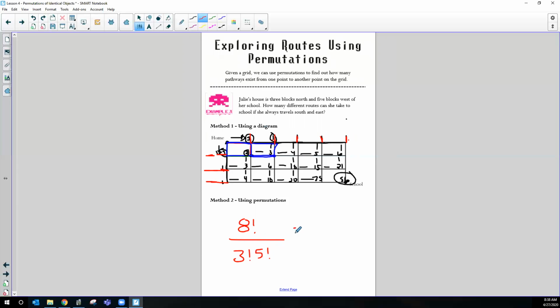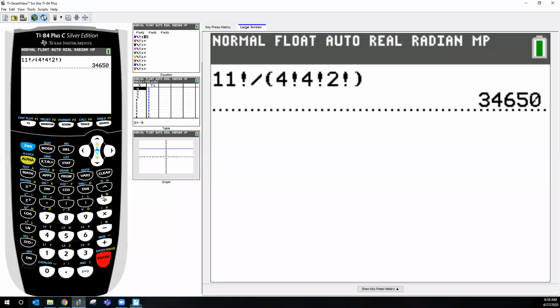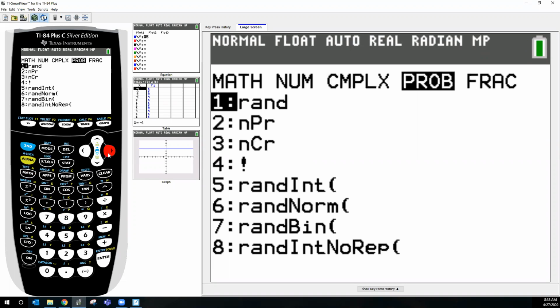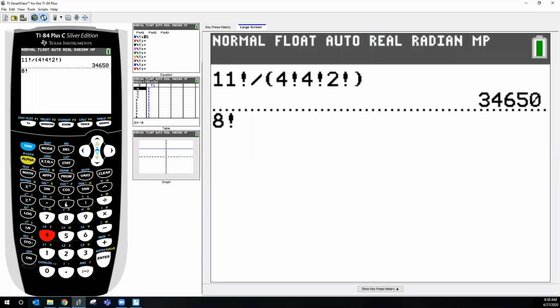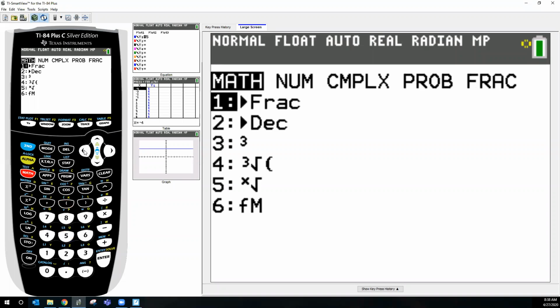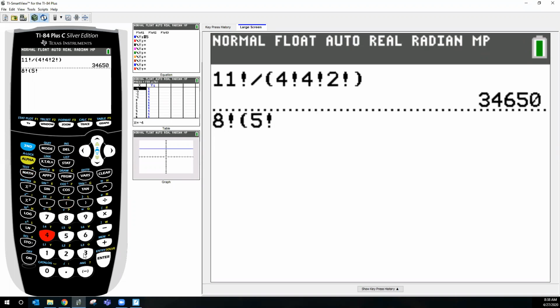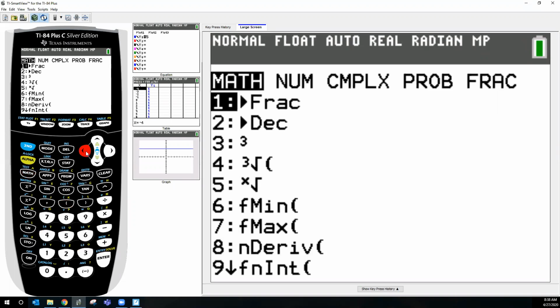So this should work. 8 factorial divided by 5 factorial, and then 3 factorial.